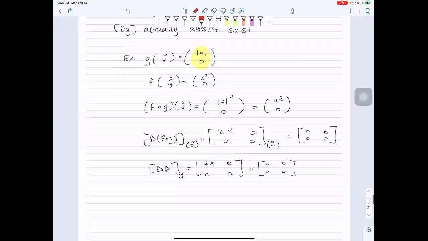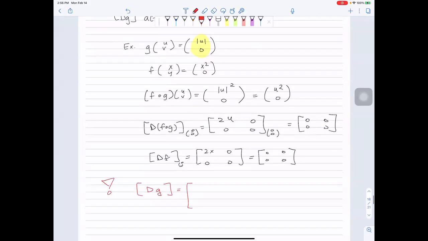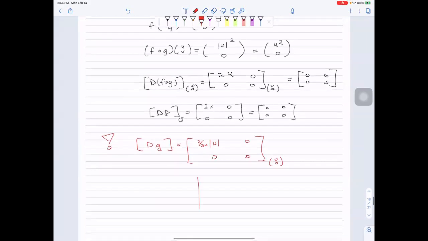However, if you try to compute the derivative of g, then we get the partial of absolute value u, 0, 0, 0. But what is the partial of the absolute value of u at 0, 0? Doesn't exist, correct.